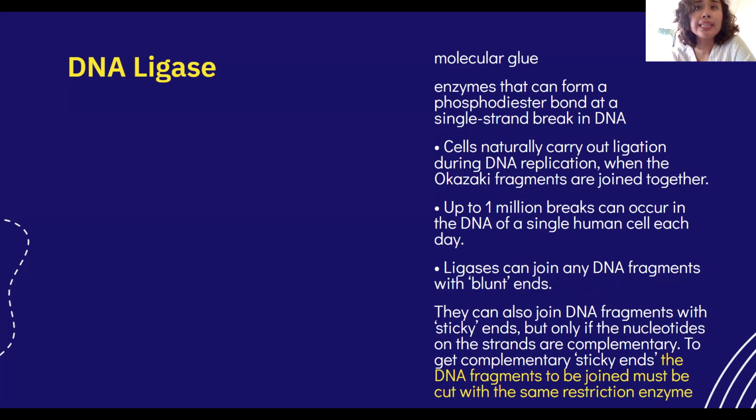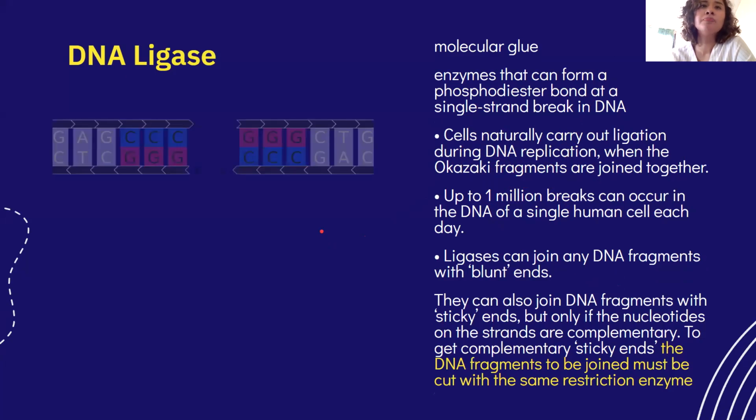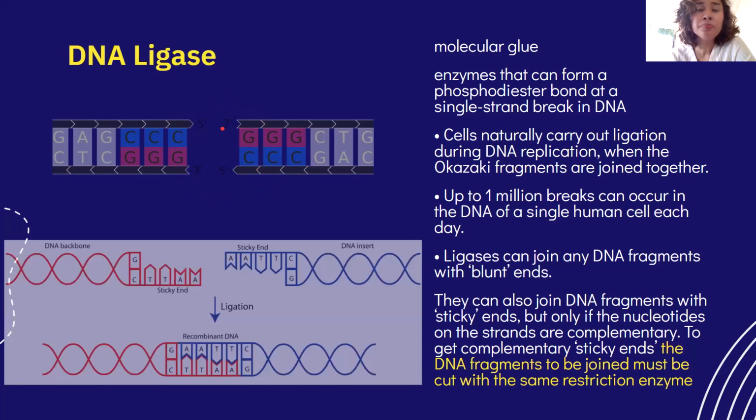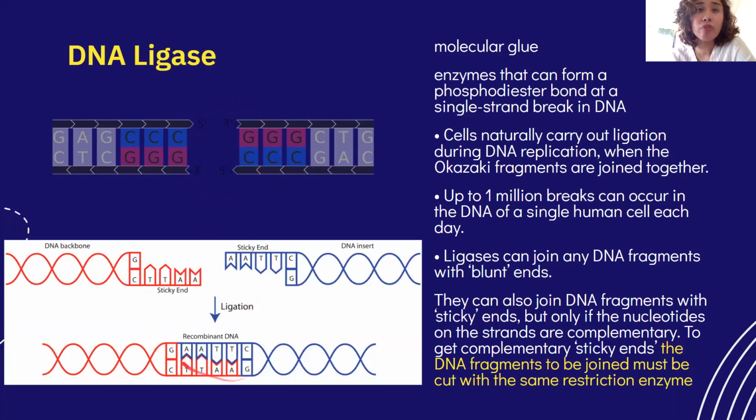So, your DNA ligase, this one, it creates a phosphodiester bond if the cut is a blunt end, and it could create a phosphodiester bond if the cut is a sticky end. Okay, so it could only glue complementary base pairing. Dapat kinat ng EcoRI, dapat ito rin kinat ng EcoRI.